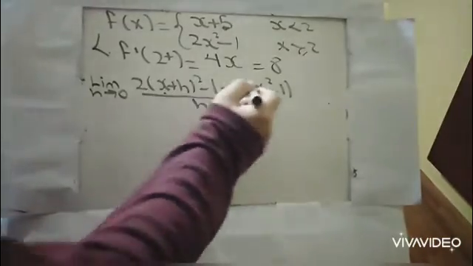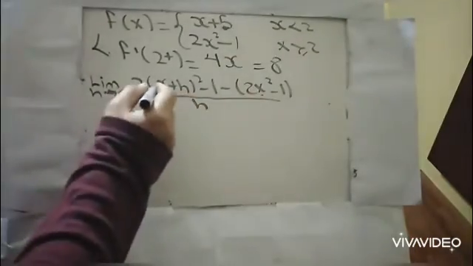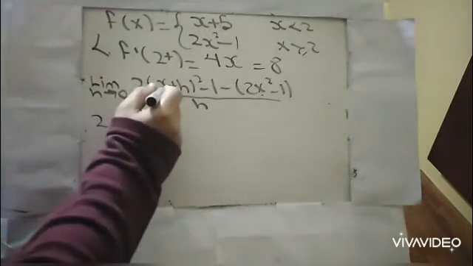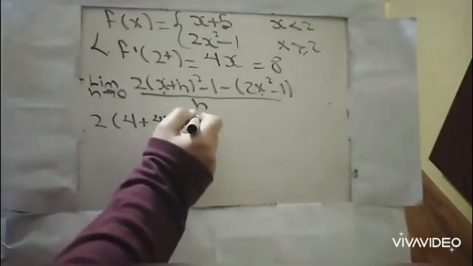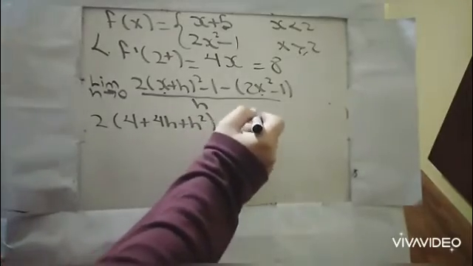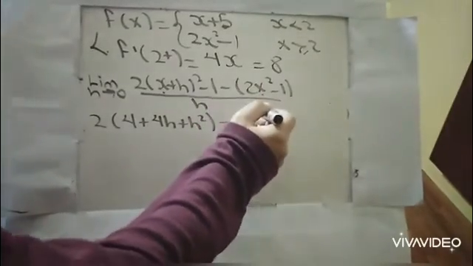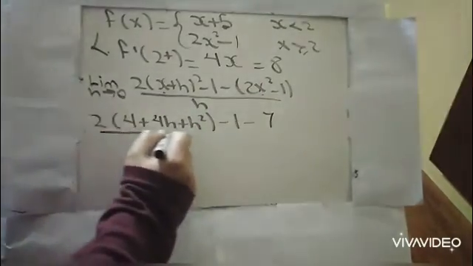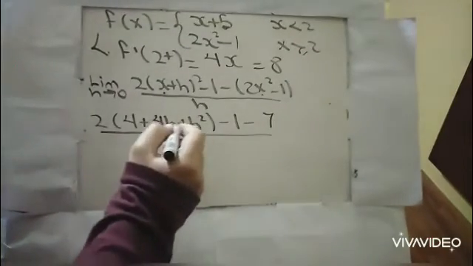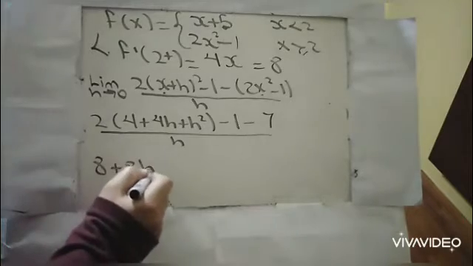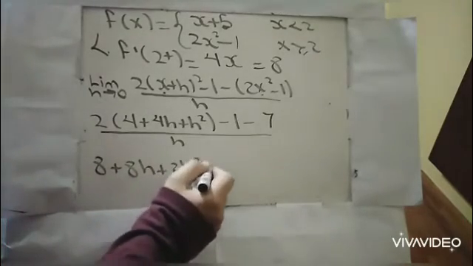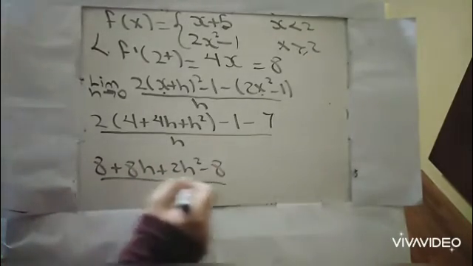I know that x is 2, so I'm going to put 2 instead of x. So it will be 2 times 2 power 2, which is 4, plus 4h plus h squared, minus 1, minus, if you put 2 instead of x, it will give you 7. And all of this, as we said, over h. So 2 will be distributed, it will be 8 plus 8h plus 2h squared minus 8 over h.